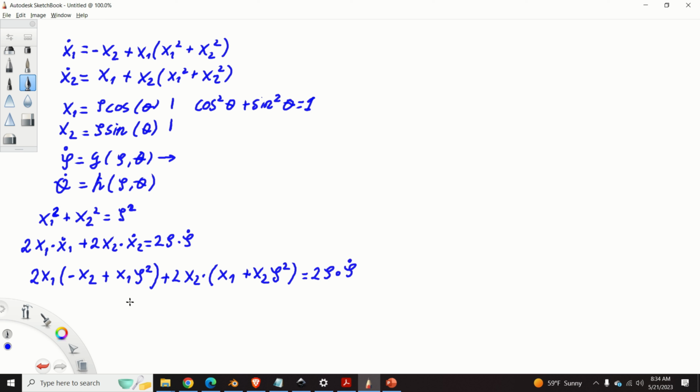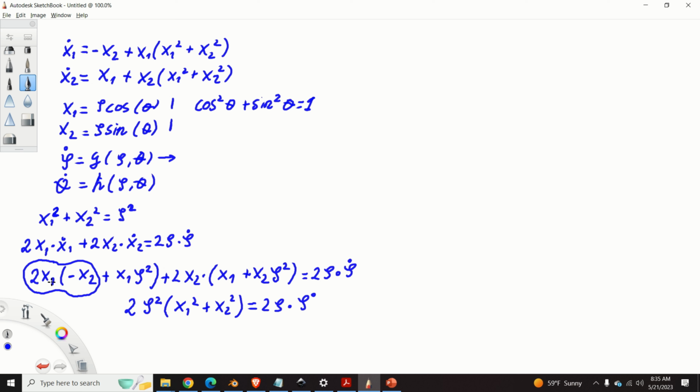Let us try to simplify this equation. By simplifying, we obtain the equation that looks like this: 2 rho squared multiplying x1 squared plus x2 squared is equal to 2 rho times rho dot. I obtain this equation by simply cancelling this part over here.